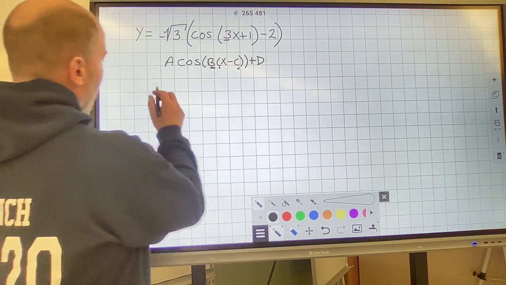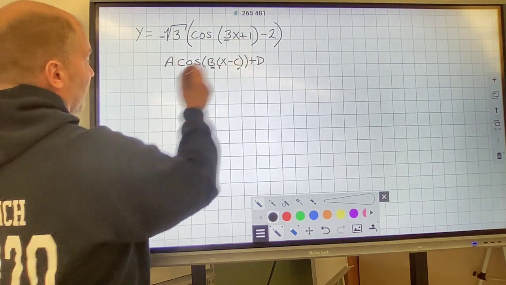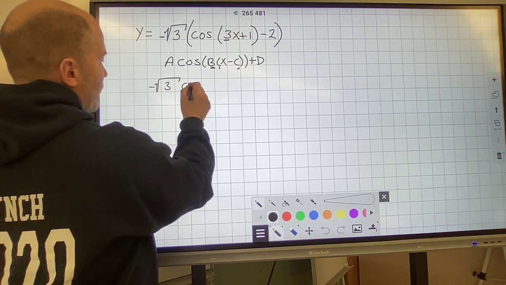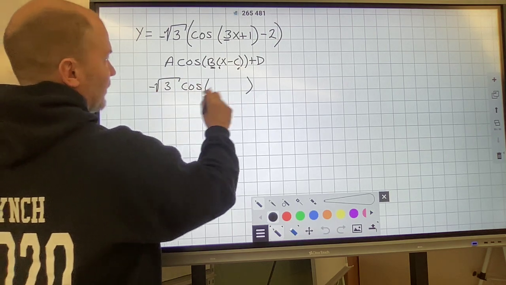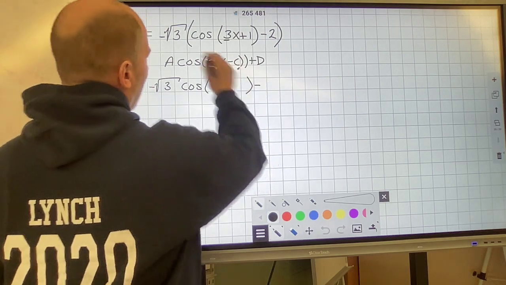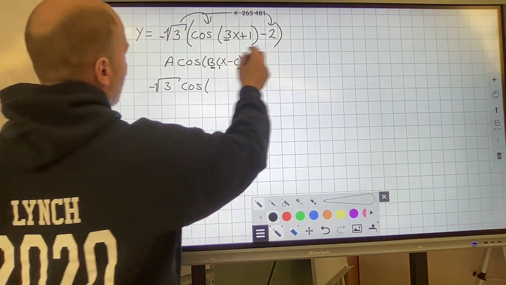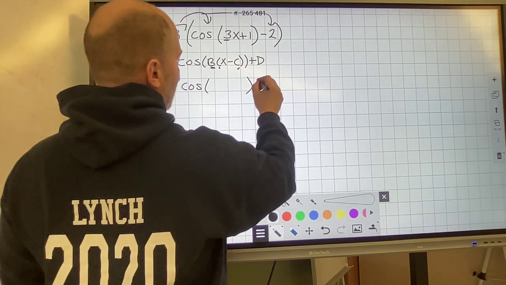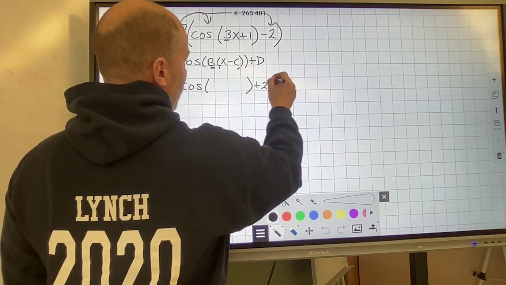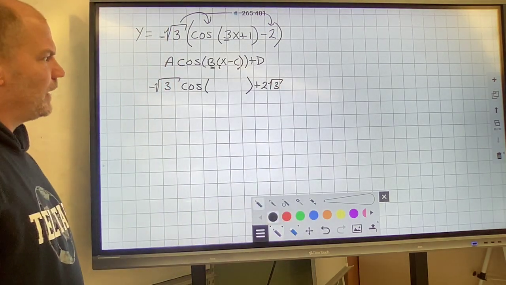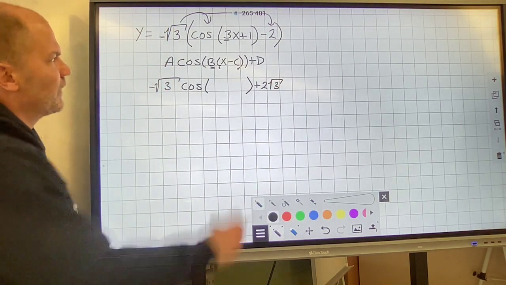I'm going to distribute this -√3 and get -√3 times the cosine of, I'm going to leave this alone for a moment, and then because I'm distributing it, -2 times -√3 is going to be +2√3.